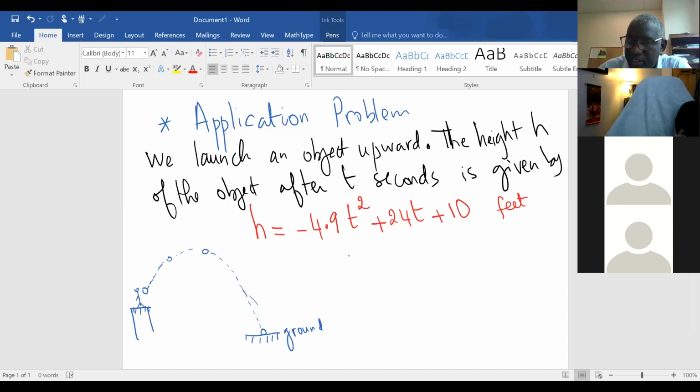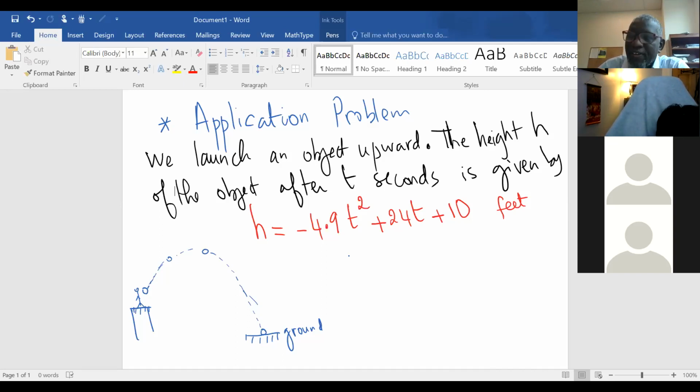That is the acceleration, the gravity. 24 could be the initial velocity with which the object was launched, 24 feet per second. The 10 here could be the initial height, for instance, the object was launched 10 feet above the ground.